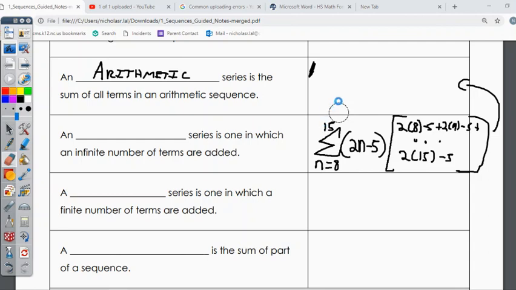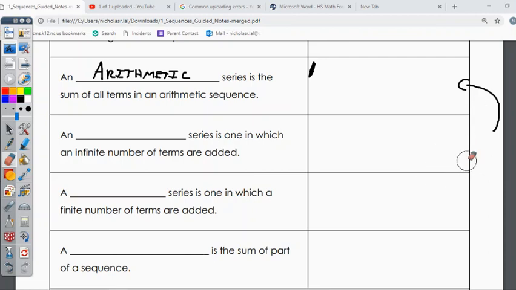So pay attention, because this notation allows us to express very complex terms of addition all in one go.